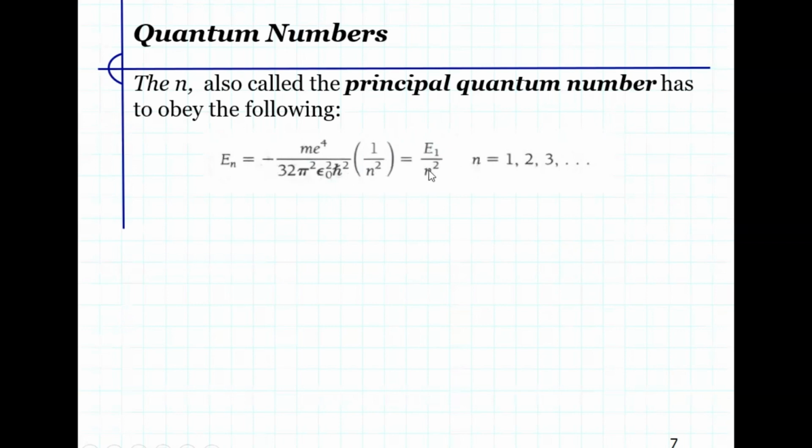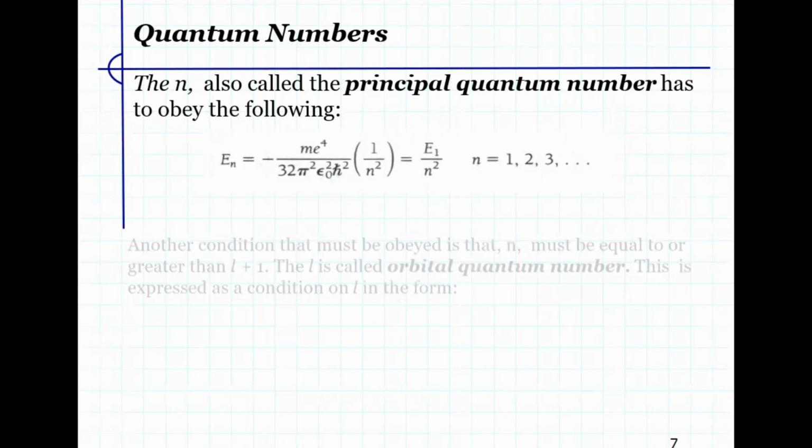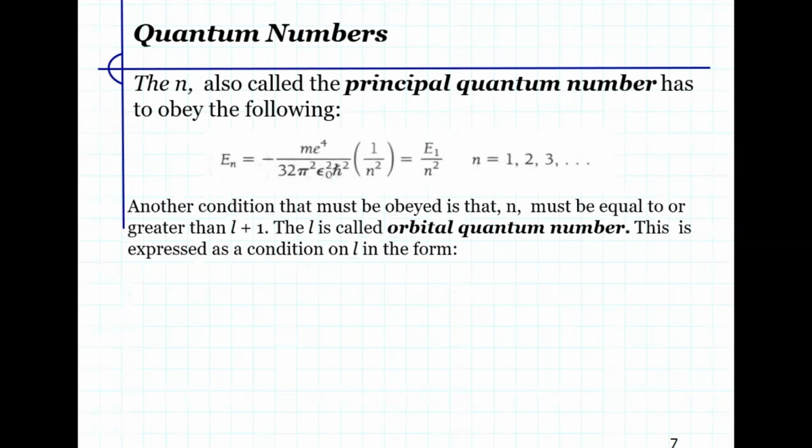So we can write it as E1 divided by n square, like the constant. If n is equal to 1, then the energy is E1, so it is the lowest, or the ground state energy. When n is equal to 2 and n is equal to 3, the values start changing. However, they are discretized values. They are not a continuous variation. N has a discrete value.